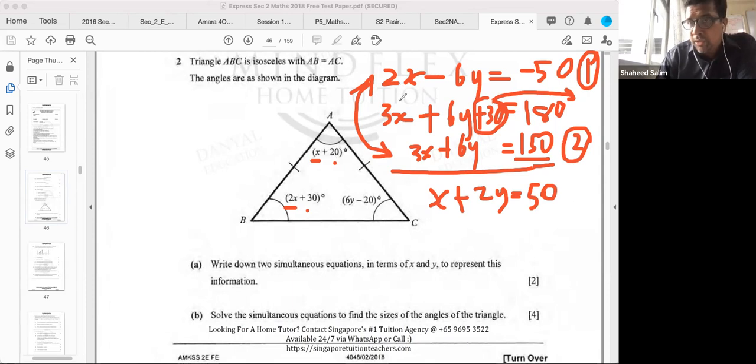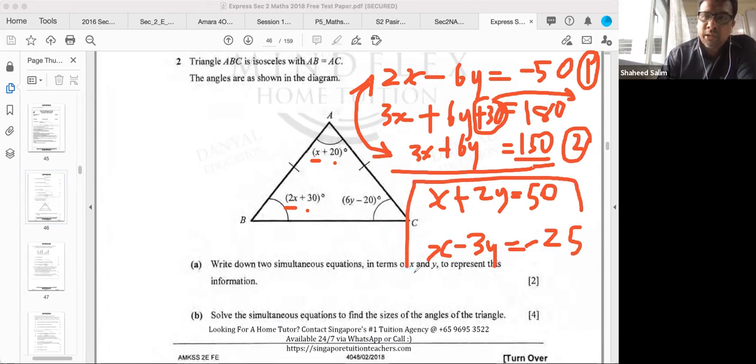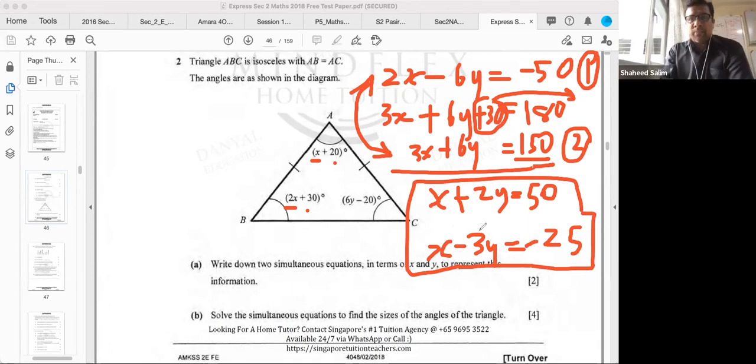This one you can also divide by 2, so your equation 1 will be x minus 3y equals minus 25. Can you see, so much easier now to do your simultaneous equations if you reduce them? You can simplify it, divide, make it as small as possible so that it's easy for you.